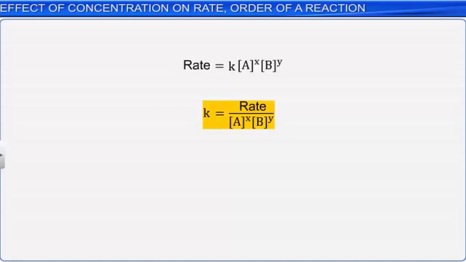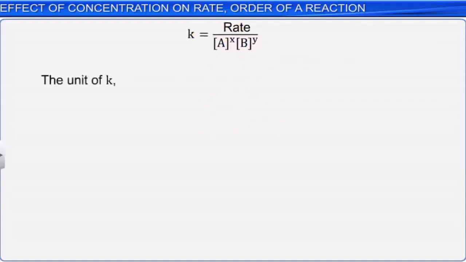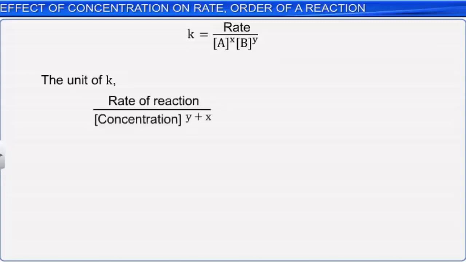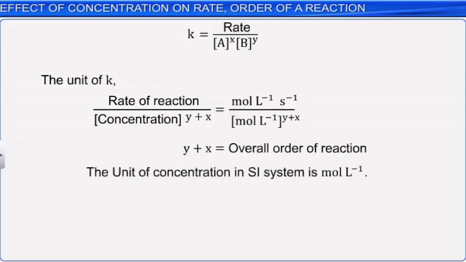Representing this equation in terms of the units of concentration and rate, we get the unit of K as rate of the reaction divided by concentration to the power Y plus X, where Y plus X is the overall order of the reaction. The unit for concentration in the SI system is mole per liter.